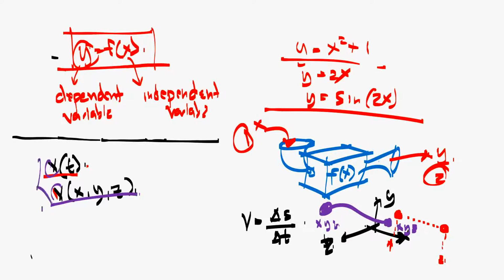Okay, another example of functions is viscosity. The value of viscosity is a measure, or something like a measure, of resistance to fluid flow.